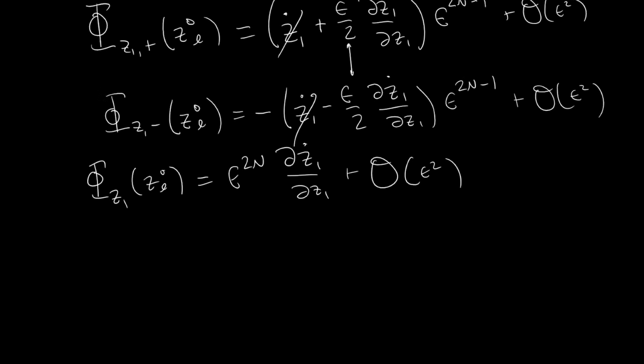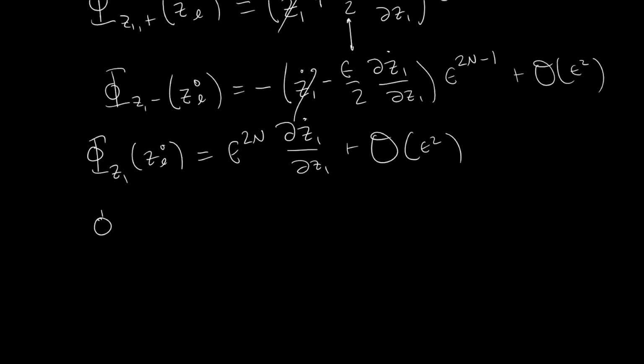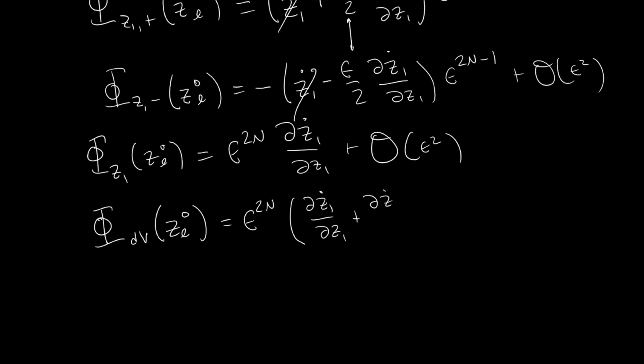So my total flux coming out of this small volume, which I'll call phi dV, centered at z0, is equal to epsilon to the 2n times dż1/dz1 plus dż2/dz2 plus up to dż2n/dz2n, plus, of course, can't forget our higher order corrections.